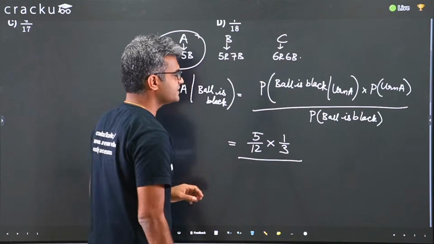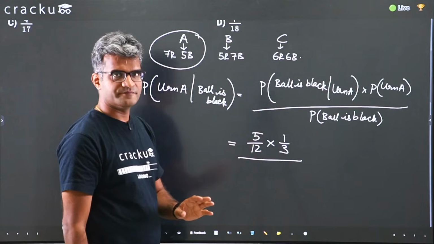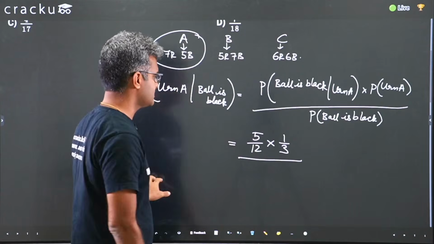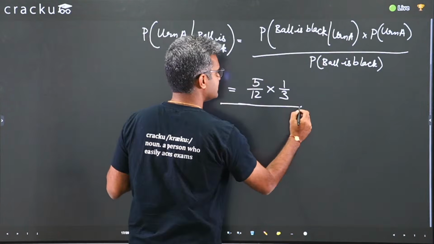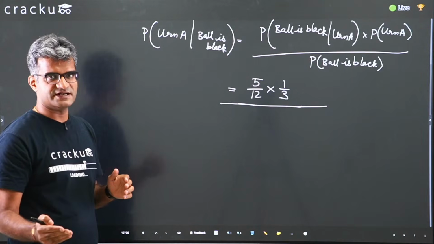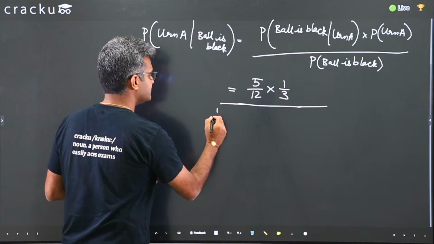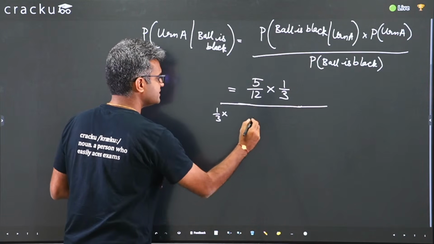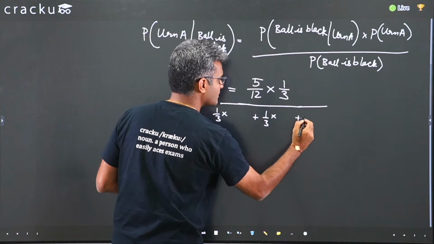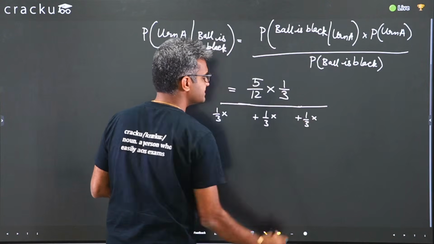Now what is the probability that the ball selected is black? We will have 3 cases. Either urn A is selected, or urn B is selected, or urn C is selected. The probability that urn A is selected is 1 by 3. The probability that urn B is selected is 1 by 3. The probability that urn C is selected is 1 by 3.